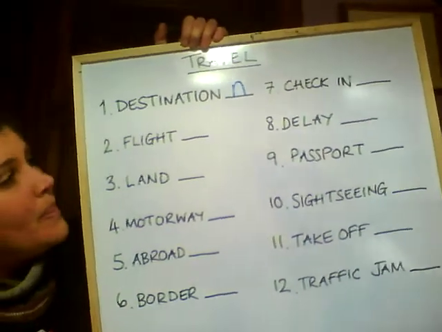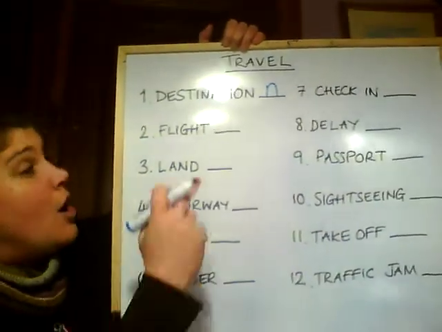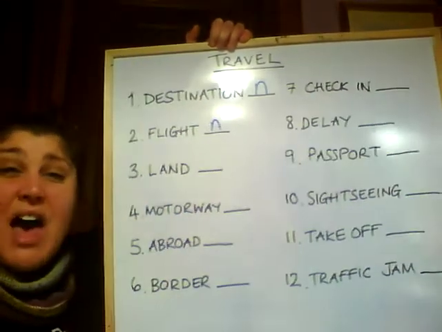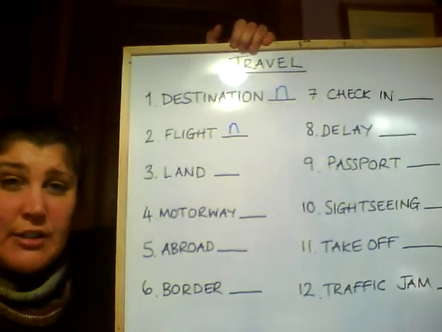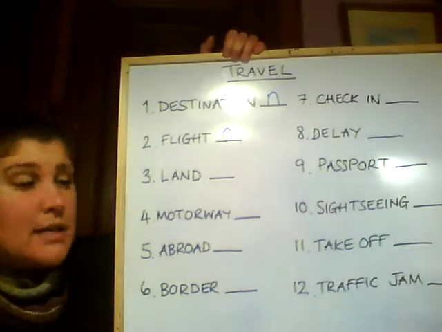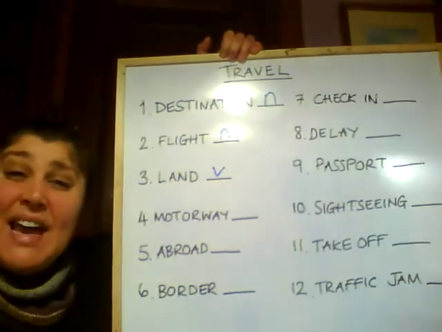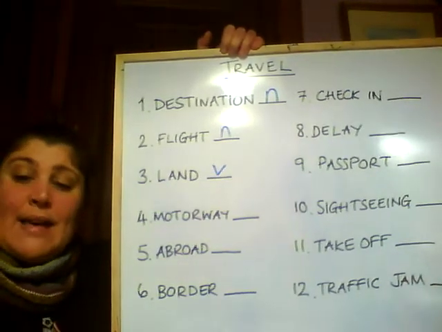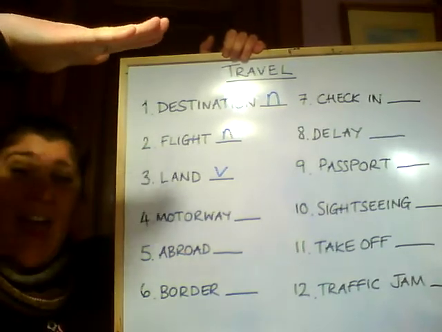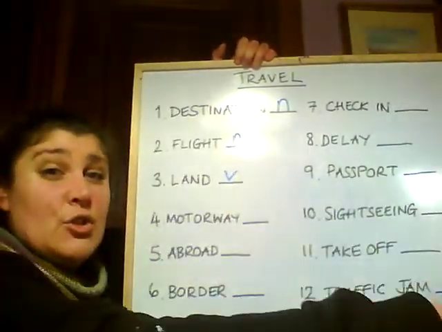Excellent. Number 2 then, flight is also a noun. Very good. Number 3, land is a verb. It's when you are on an aeroplane and you move from the air to the ground.